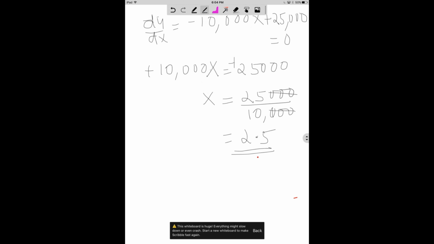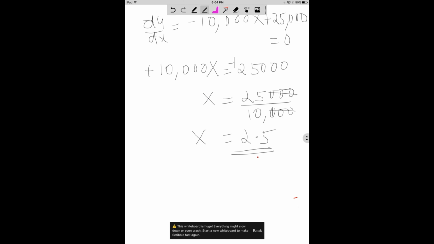If you sell the phone at a $25 discount, you get the maximum profit. So what is the profit? How can you find the profit?